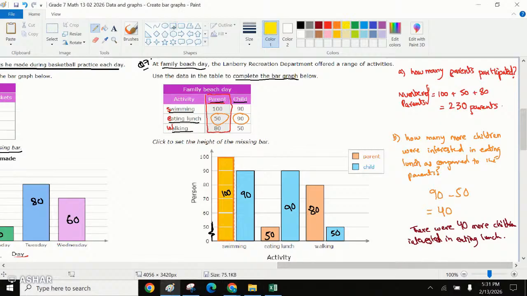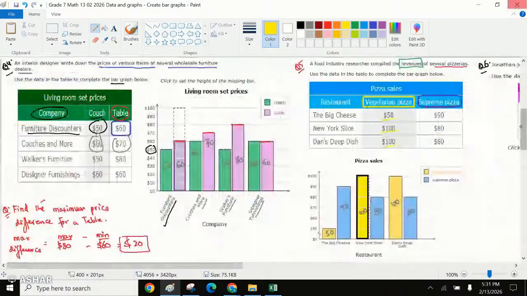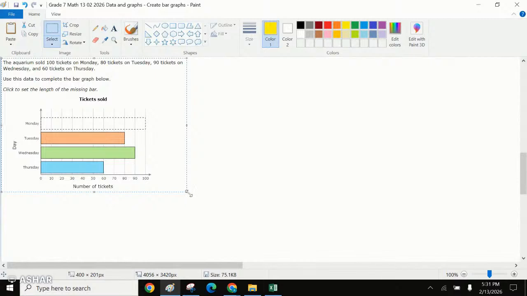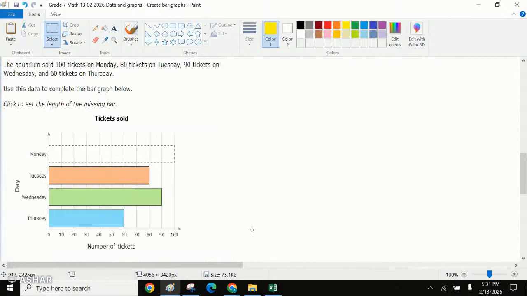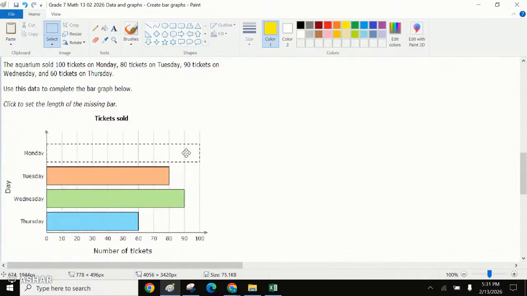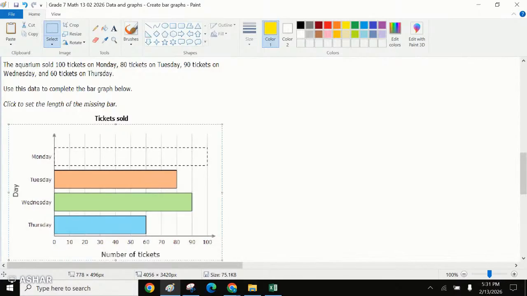When I say the information is given in the form of a bar, I'm speaking about this bar or this grid. For question number 8, the information is given in the form of a sentence structure. So they're just telling us in terms of statements what exactly is happening over here. Okay, so just a moment, please.